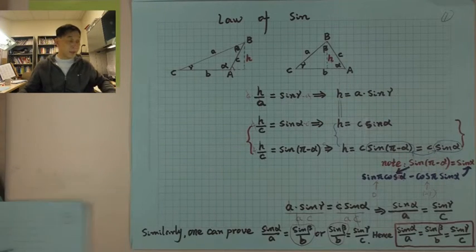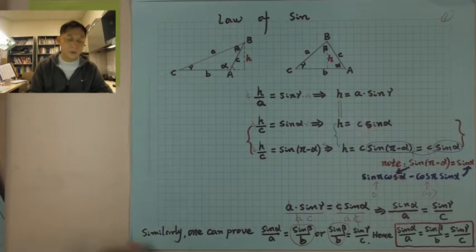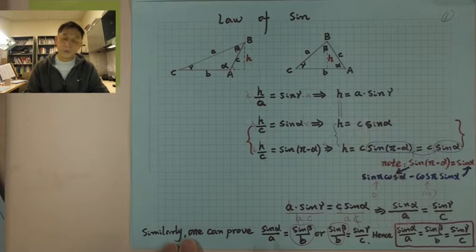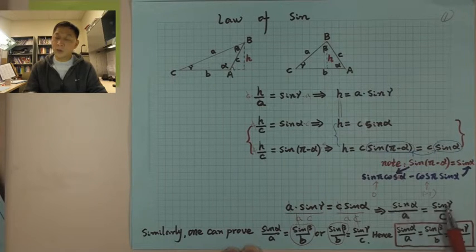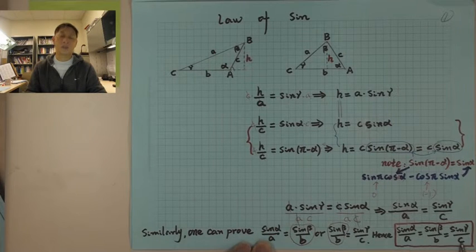Similarly, one can prove either sine alpha over A equals sine beta over B, or sine beta over B equals sine gamma over C. Because those two are already equal, as we have proved, if you get sine beta over B equals that, you still have these three.